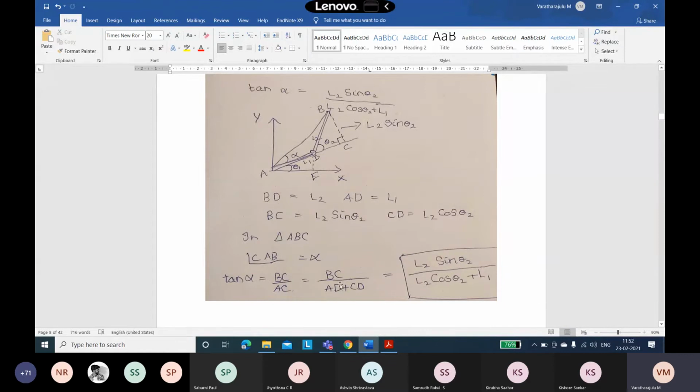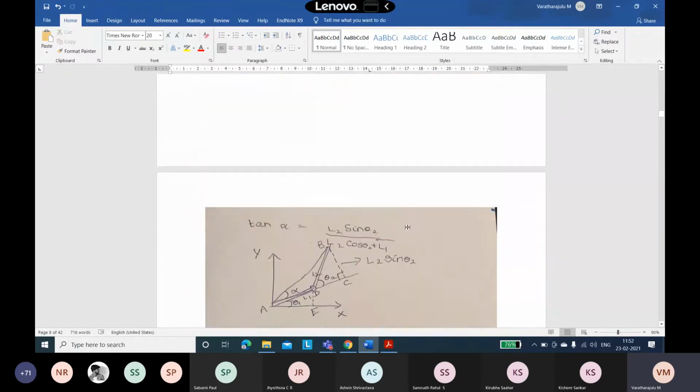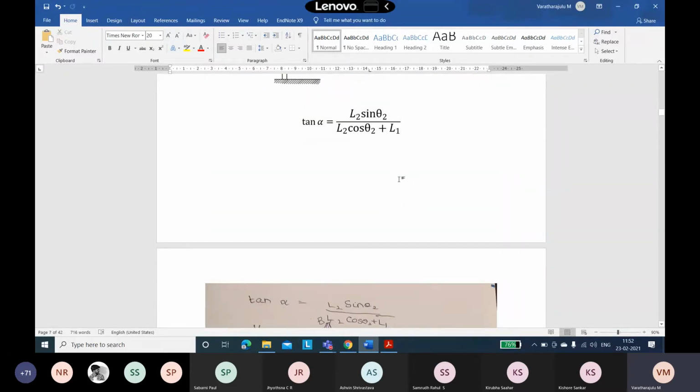He has already derived the values of BC, AD and CD. Therefore, instead of BC he introduced L2 sin theta 2. AC is AD plus CD, where AD is L1 and CD is L2 cos theta 2. This is the derivation of tan alpha.